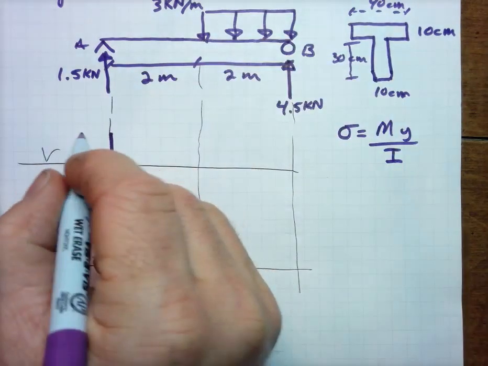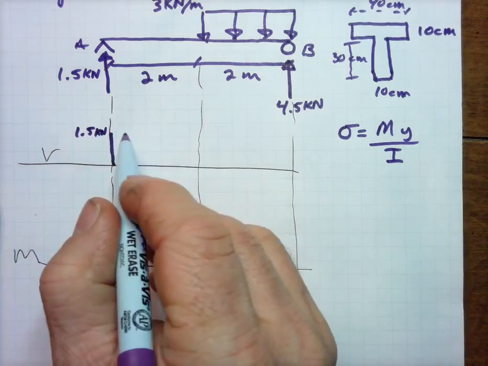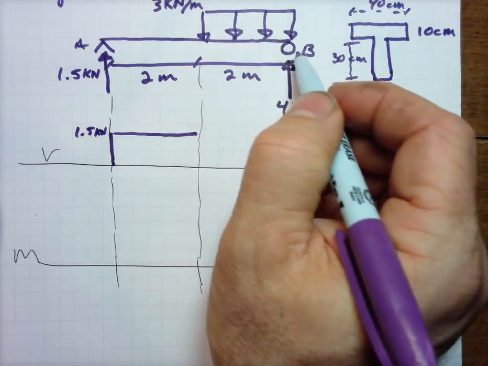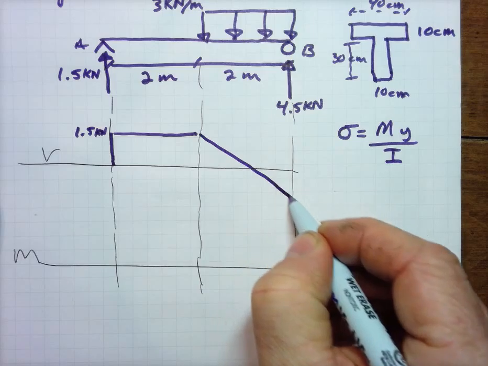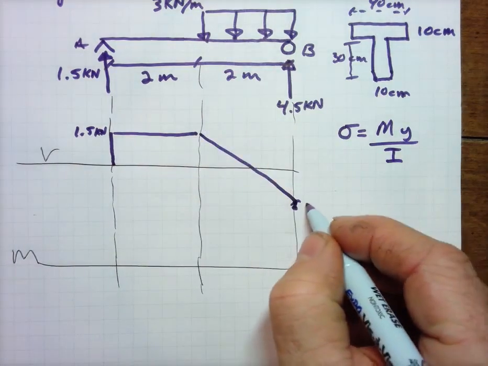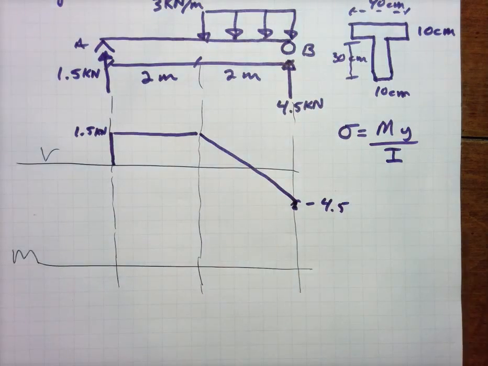Now I'm doing it 1.5 kilonewtons rather. Nothing. Now I need to go down 6 kilonewtons. And if I'm at 1.5 and I go down 6, I get to negative 4.5. I don't have this drawn to great scale.